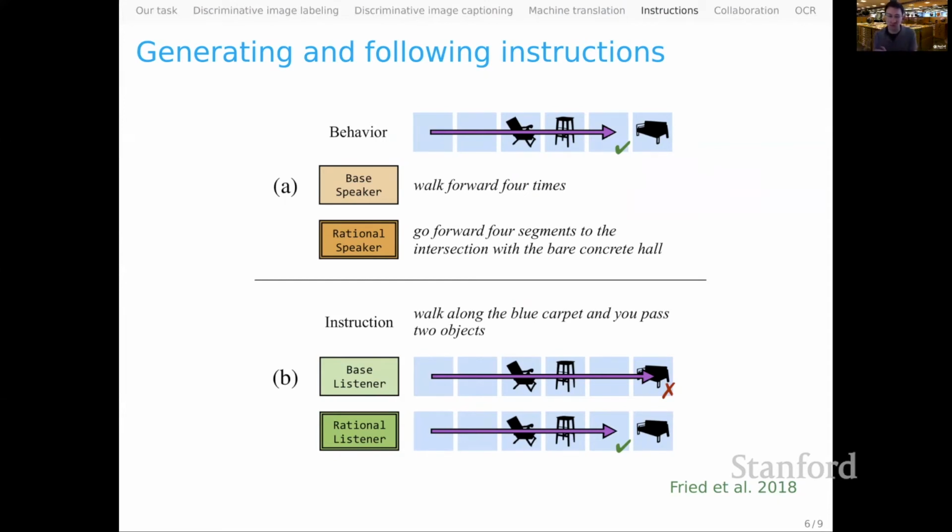And the same thing is true on the listener side. The base listener is unsure how to proceed, but the rational listener is able to infer that since this instruction didn't mention this couch over here, it was probably not relevant to the instruction, and therefore this listener stops at this point in interpreting the navigational instructions.